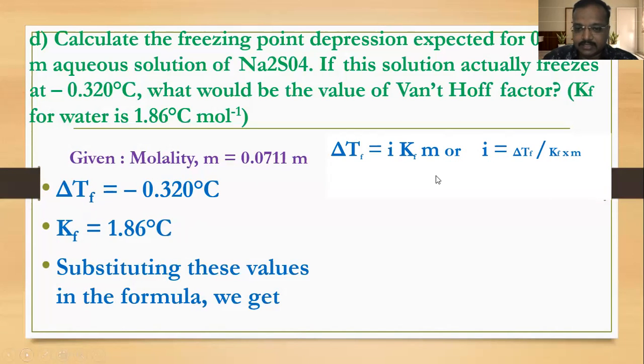This type of question we have already done. So i is equal to delta Tf divided by Kf into m, or i is equal to delta Tf, minus 0.320, divided by 1.86 into 0.0711. Are you following it? Can you find out the answer?